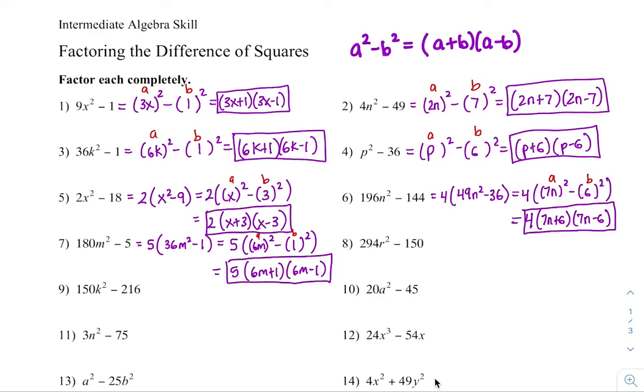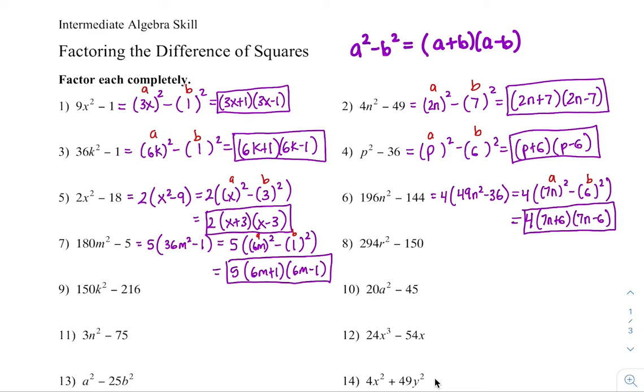Number 8, between those two, I think 294. Okay, so 294 and we got 150. So we have to think of what goes into both of those.